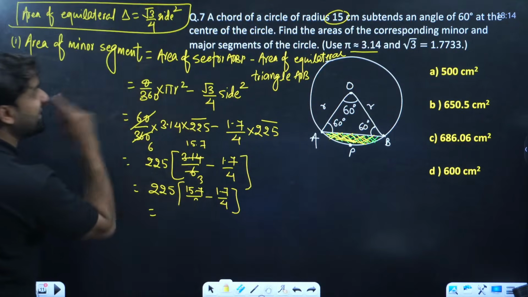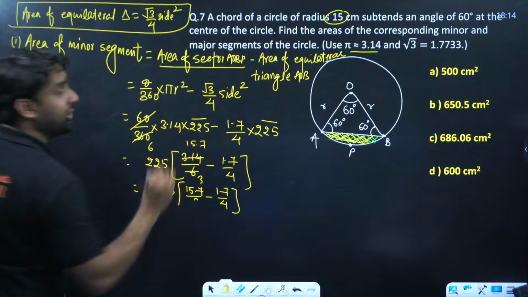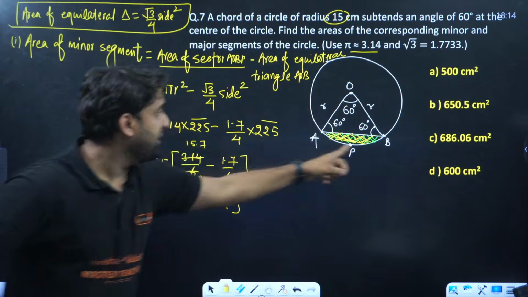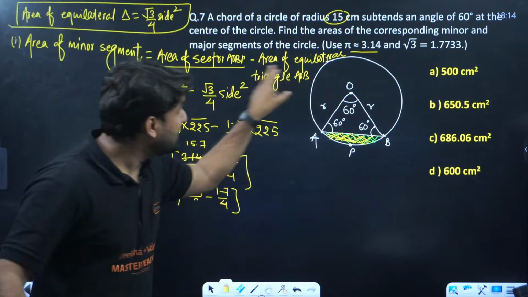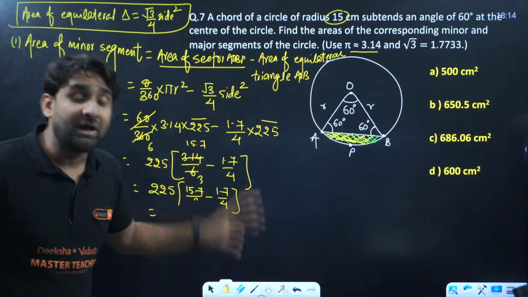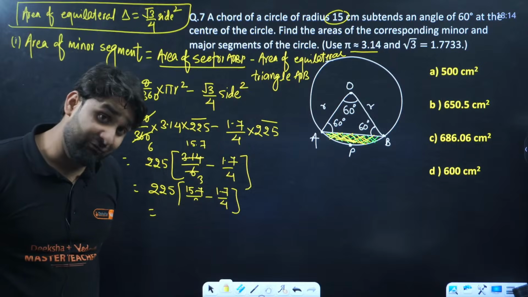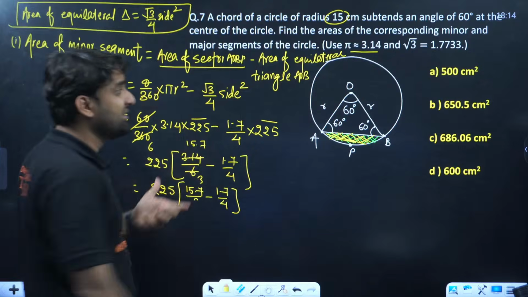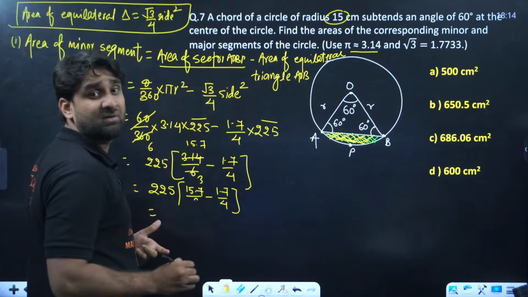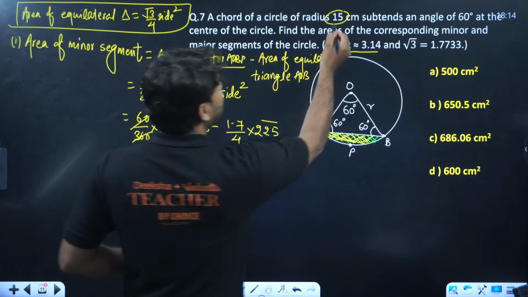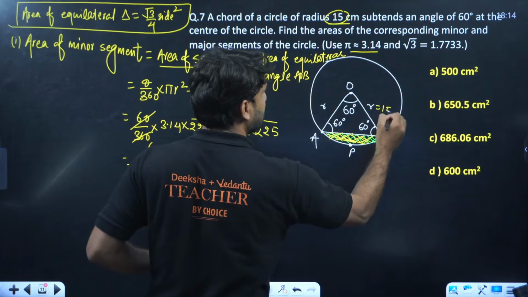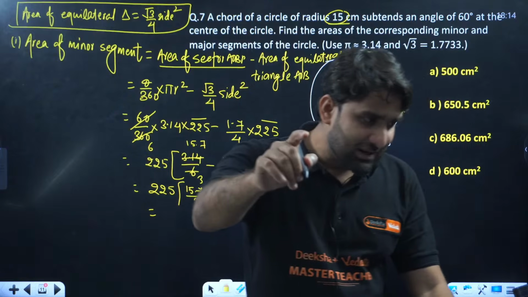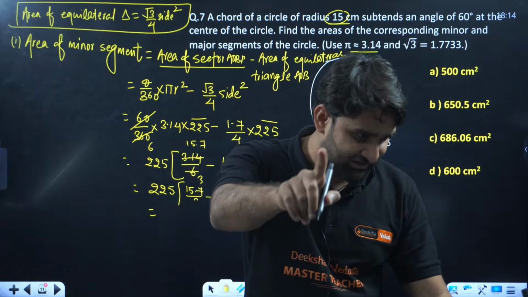The formula of minor segment will be area of sector AOBP, AOPB, entire sector, minus area of equilateral triangle. And what is the area of equilateral triangle? We have the formula, root 3 by 4 side square. And side will be the radius. Radius is equal to 15 centimeter, guys. Now clear, Pushang? Please let me know in chat section.